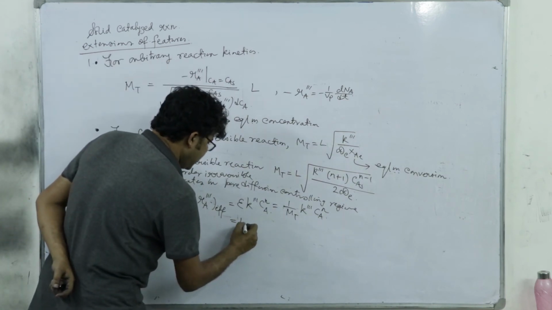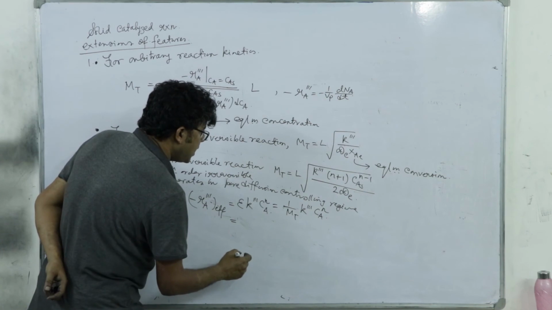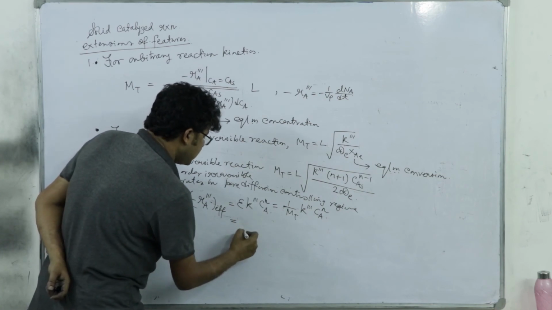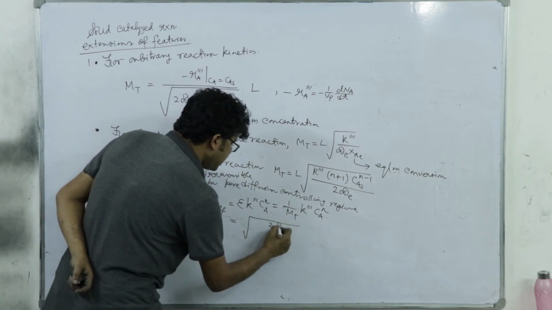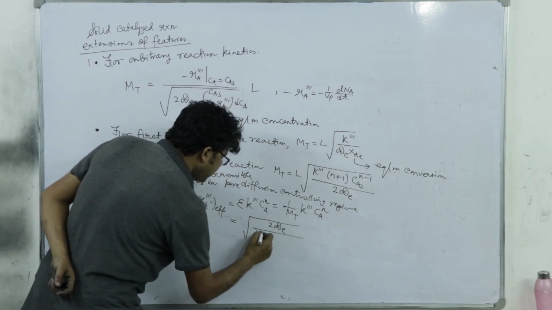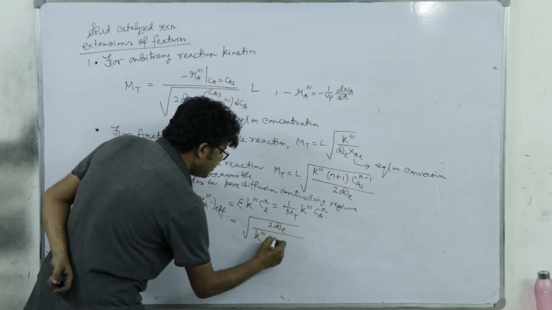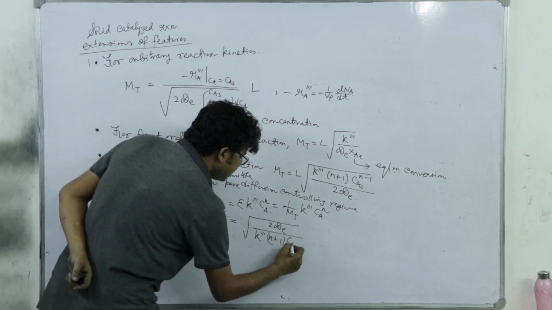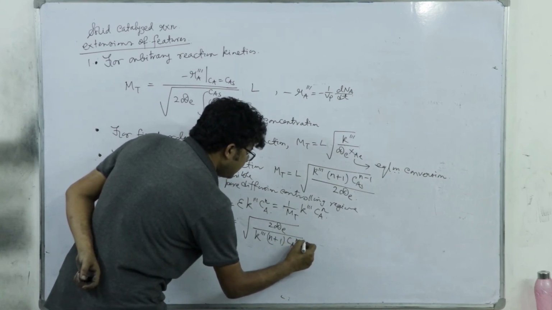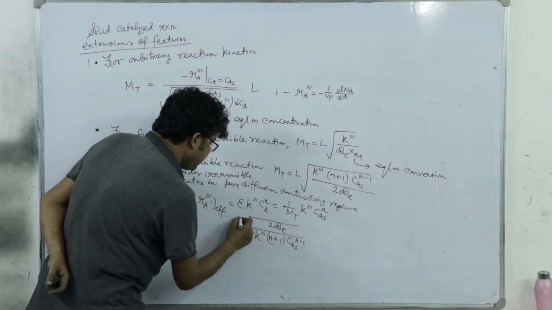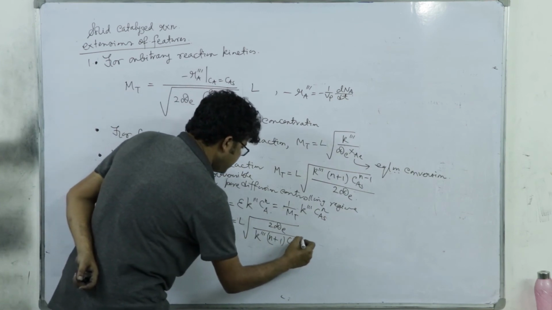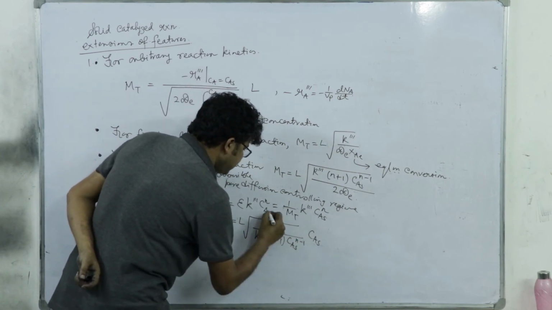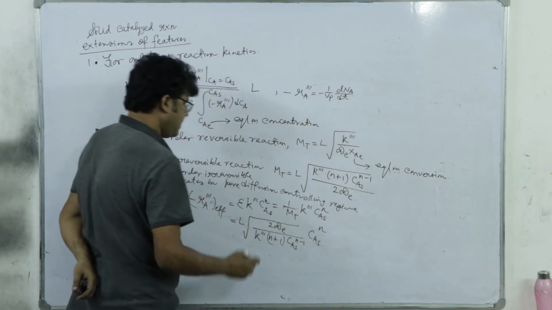So it is 1 by Mt, which is 2D divided by k triple prime into n plus 1 Cs to the power n minus 1, into L, into Cs to the power n.